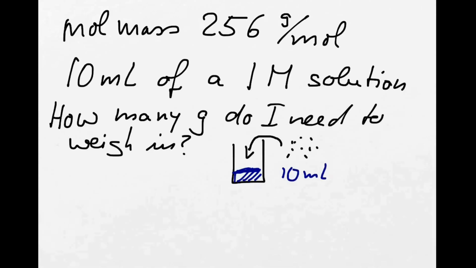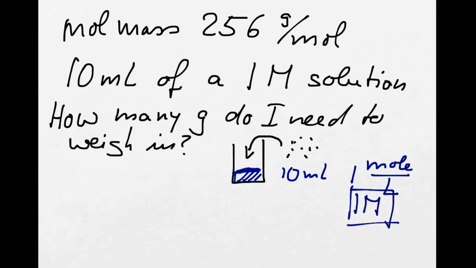And the concentration of the substance is 1 mole per liter, because that is 1 molar. Remember, if I write it as a capital M, it means mole per liter. Okay?